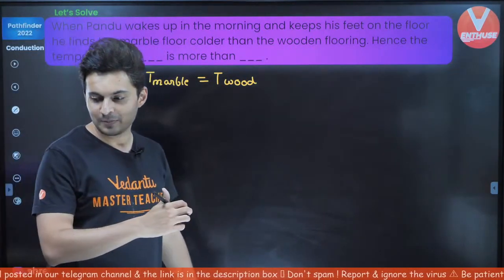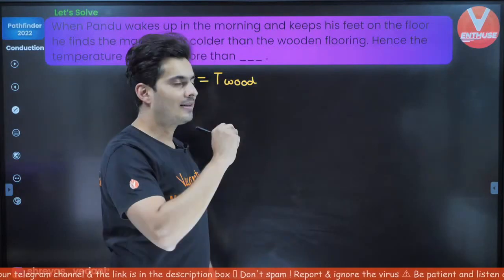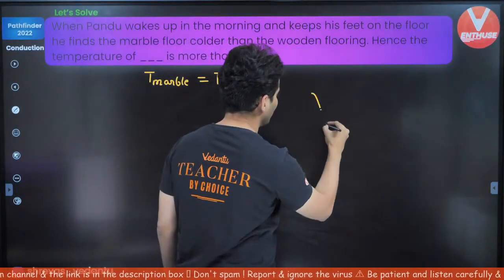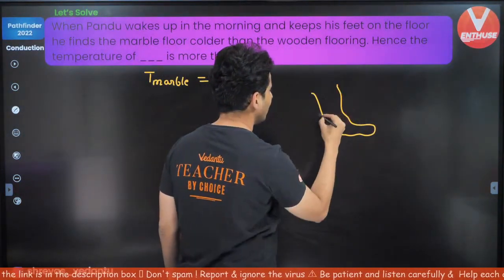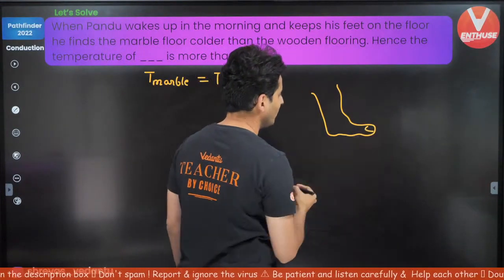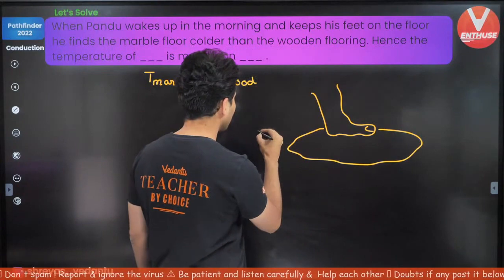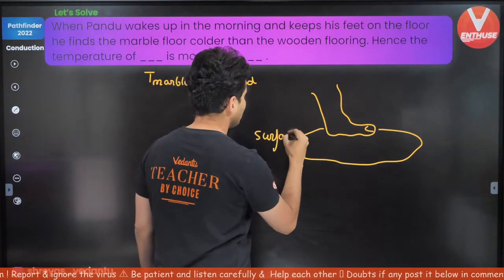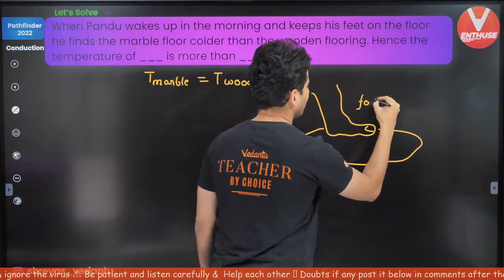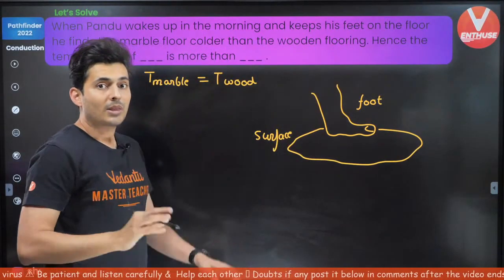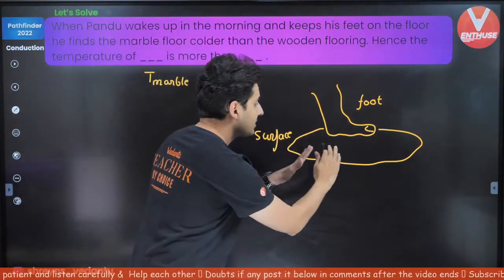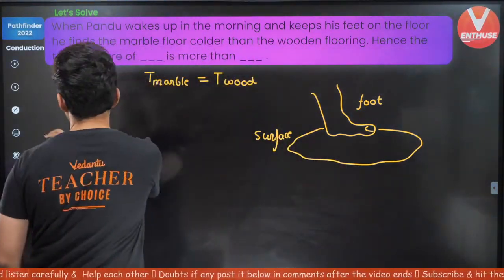Hi, good evening, Shiva. Now, the reason is, let's say this is Pandu's foot. Okay, this is the foot. All right, beautiful foot. Now, this is the surface. Okay, this is the surface and this is the foot. Now, understand the surface is cold. I'll just put it over here.